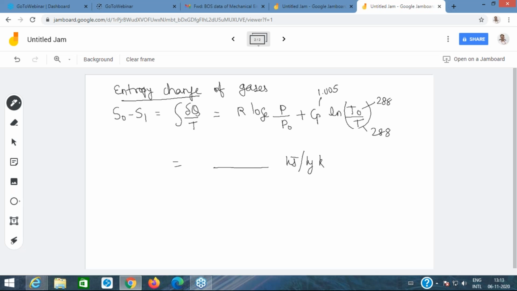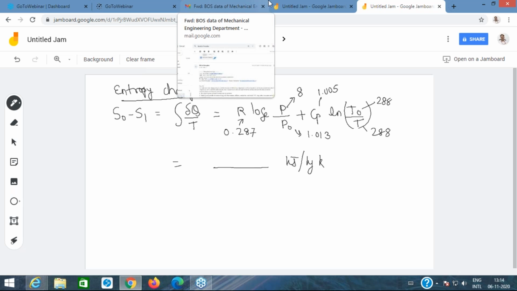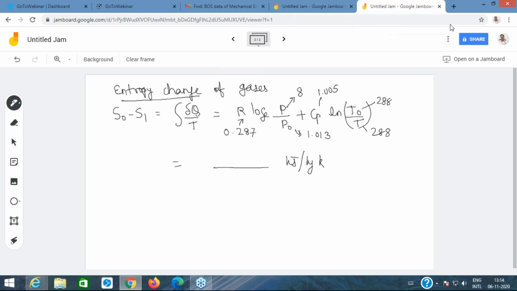Pressure is 8 bar, and P naught you can take as atmospheric pressure, 1.013 bar, and R value you can take as 0.287. Calculate and tell me the entropy change.